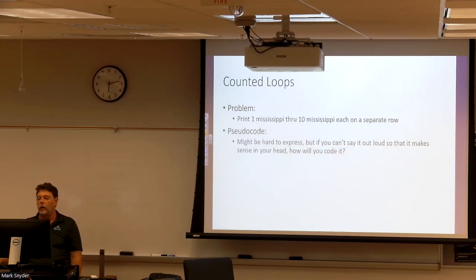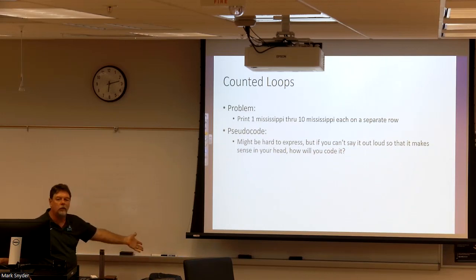So here's our pseudocode. And I'll make this point again. It may be hard to figure out how to say what the pseudocode is, but if you can't program it in your mind, if you can't say it in your own words, how are you going to write the Python? I think that's honestly, if I had to guess, one of the reasons why people have so much trouble with the flowchart, because by the time you get to the Python code, you have to figure out the exact precise logic, the exact lines of code that you have to type in.